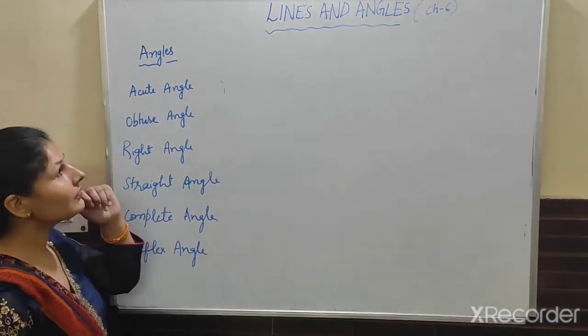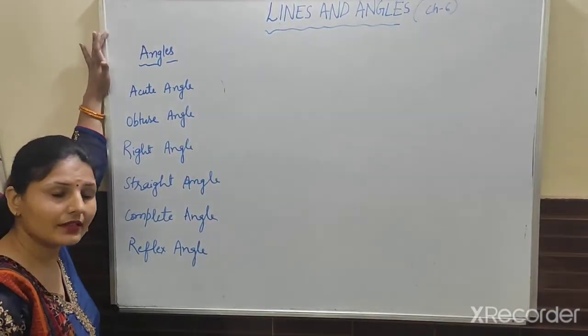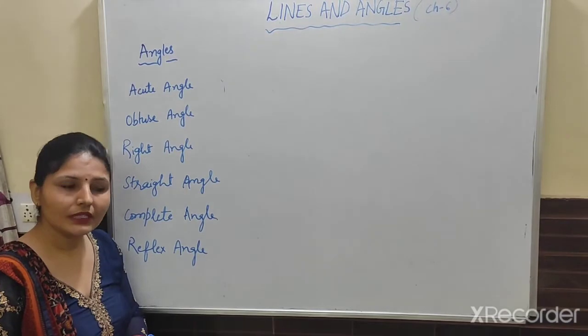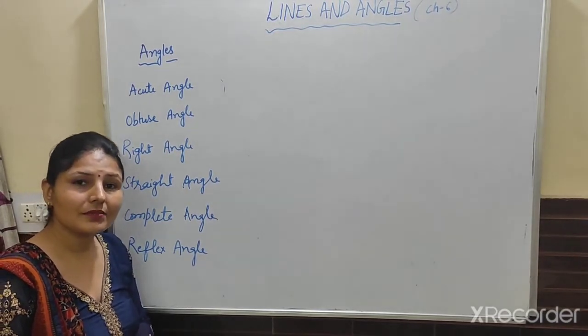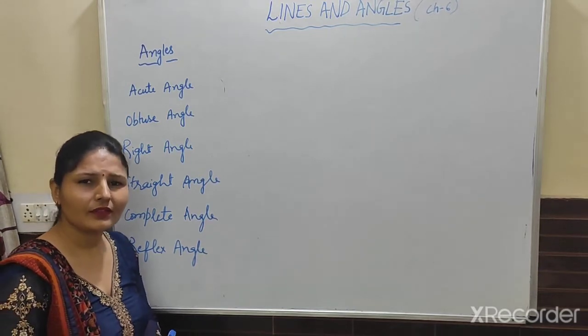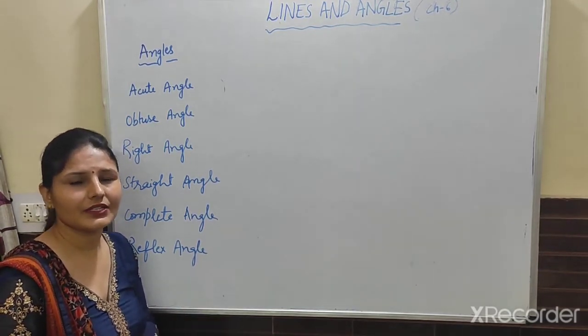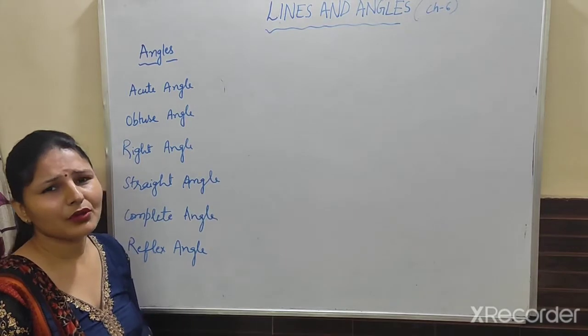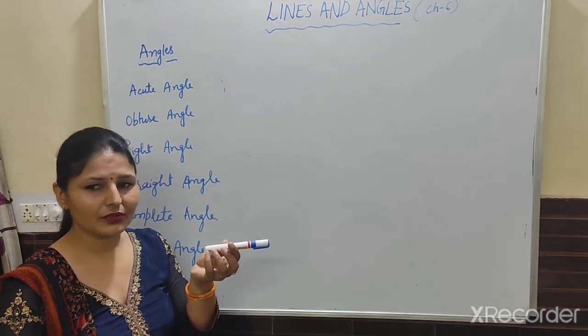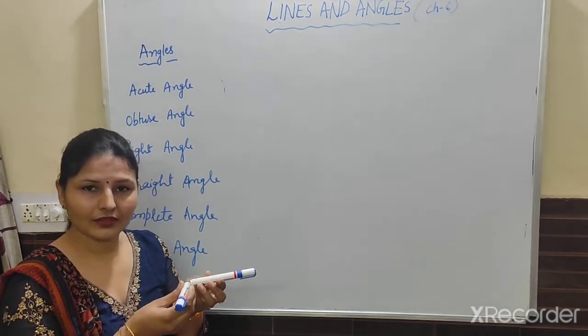Yes, students, you have already studied about angles and types of angles. Let's just discuss about them. Can you give me some examples of angles from your daily life? Yes, everyone can give, I think so. Let's take the example of your room. Suppose it is the door of your room and this is the wall.